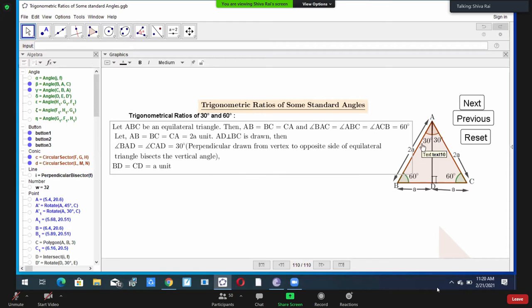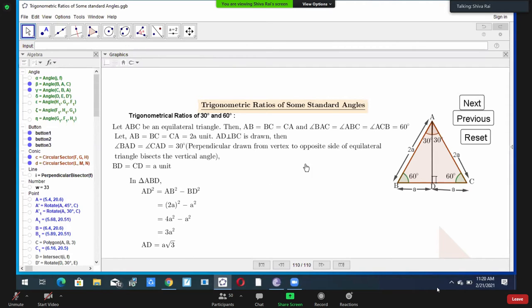If you can draw the figure like this and if you measure, you will find this angle, you will find 30 degree, you will find this 30 degree. So now, after this, you look here, in triangle ABD, this triangle, this part of triangle.